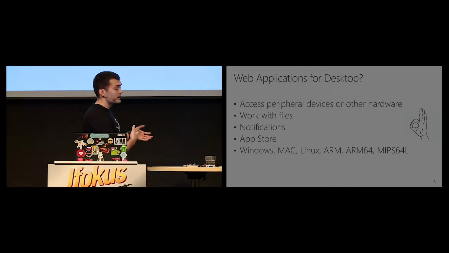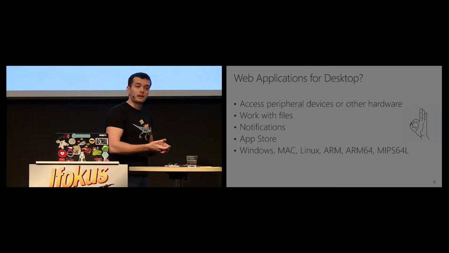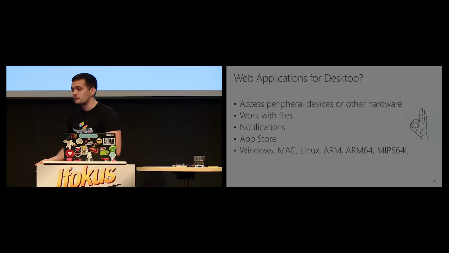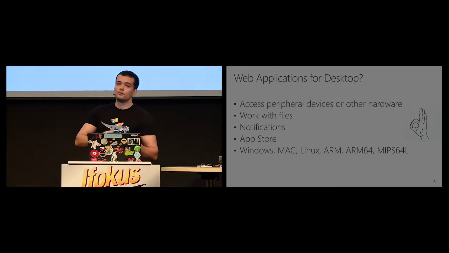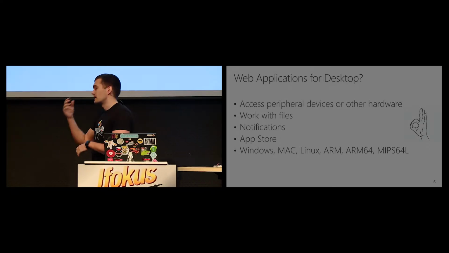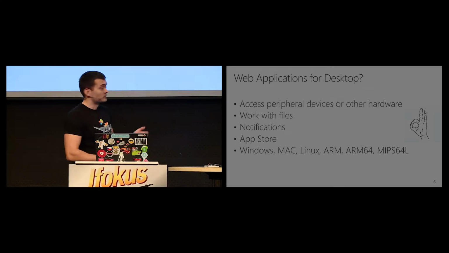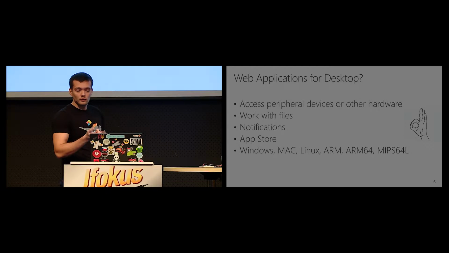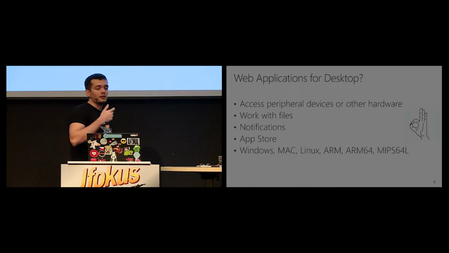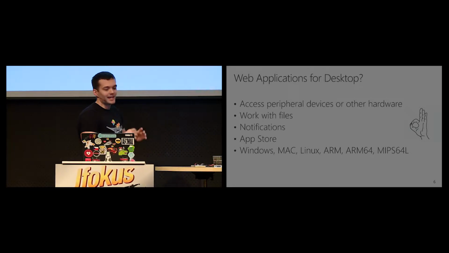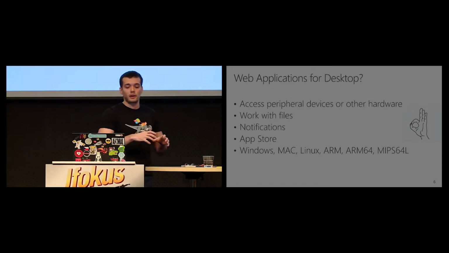Then you have the possibility of shipping an app to an app store, like the Microsoft Marketplace or the Ubuntu Marketplace and many other places. Also on Windows, you can do that in the marketplace as a UWP app. So you can bundle your Electron app as a UWP app and publish it there.